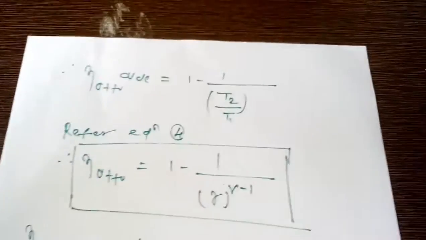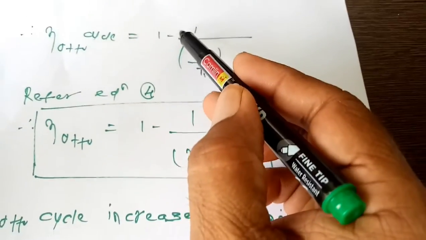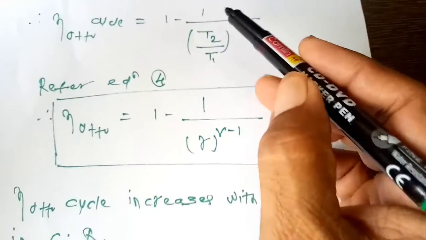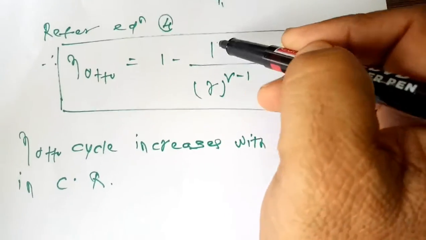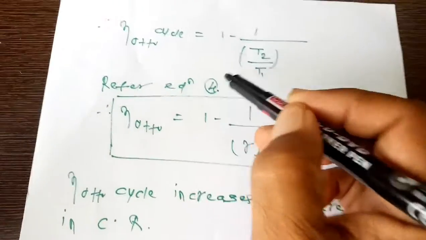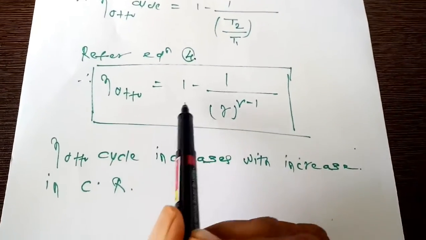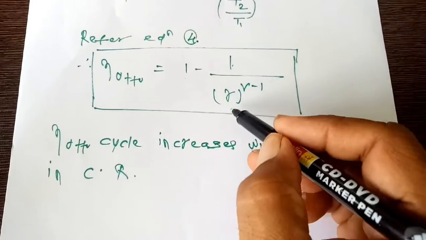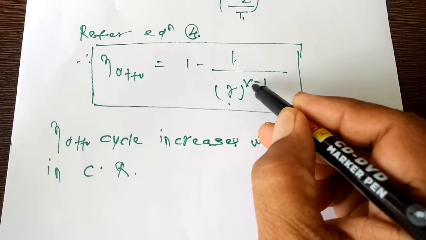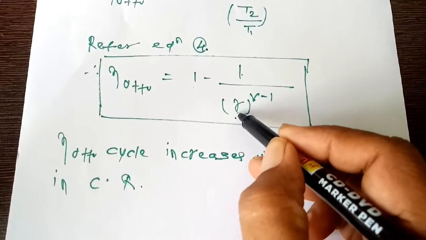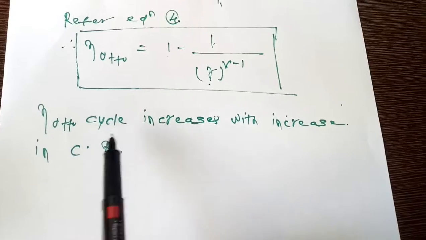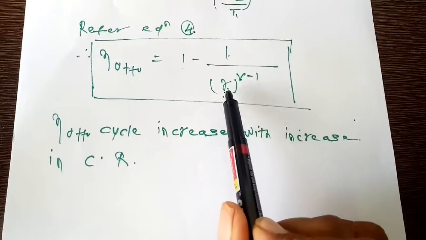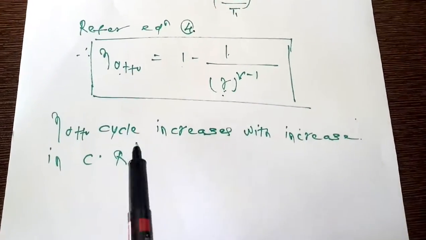Now therefore efficiency of Otto cycle is 1 minus 1 upon T2 by T1. T2 by T1 we know, refer equation number 4. Therefore efficiency of Otto cycle becomes 1 minus 1 upon r to the power of gamma minus 1. Now this r represents the compression ratio of an engine. Therefore as we increase the compression ratio, efficiency of Otto cycle is going to increase.